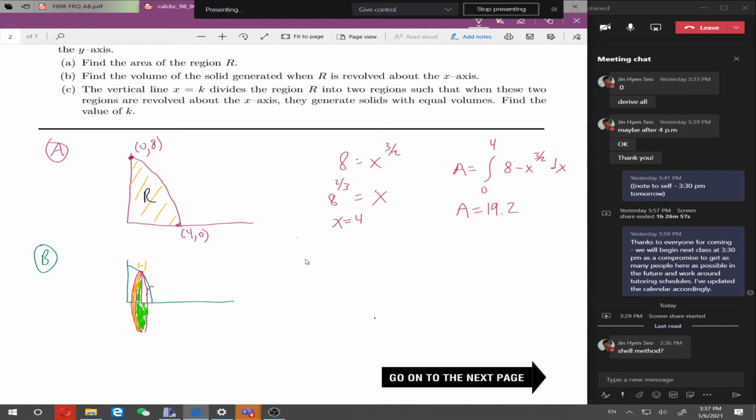Jin, what is the distance of this space here in yellow? That infinitely small width of the cross-section that we are spinning to create this circular disk?